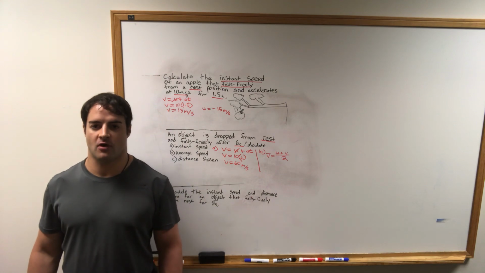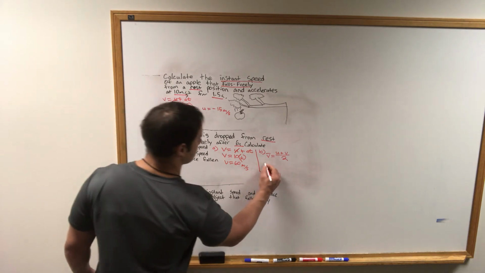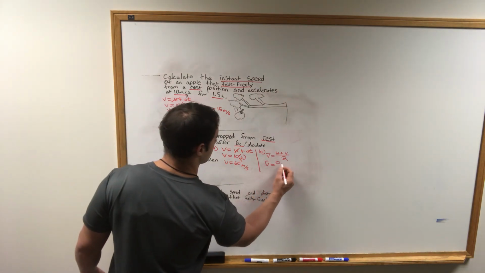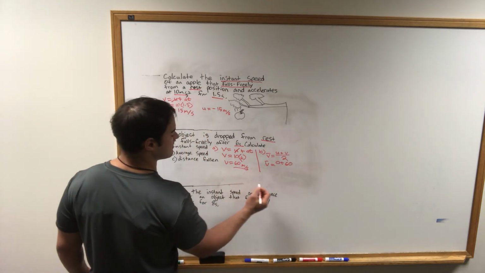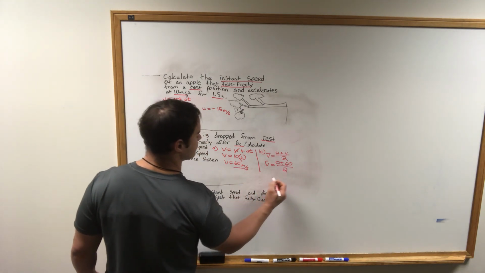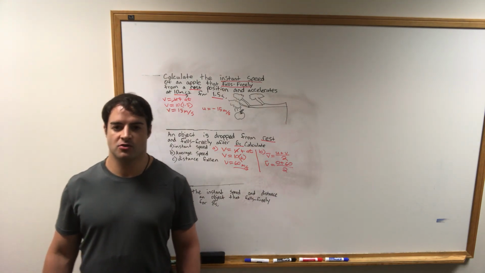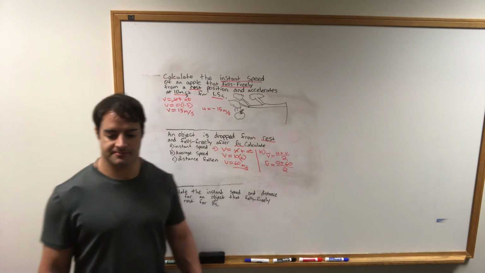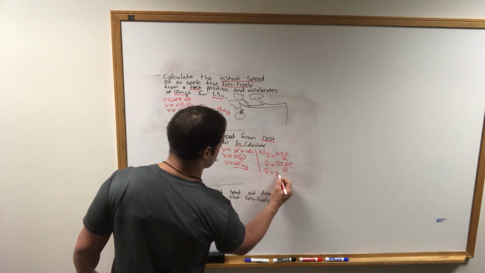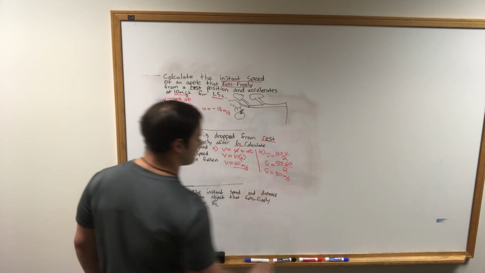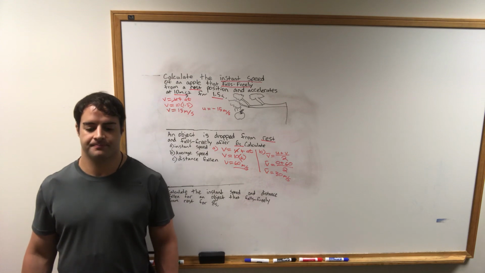So if it falls from rest, it will be 0 plus 60 over 2. And you simply divide. 2 goes into 60 30 times. So the average speed is 30 meters per second.